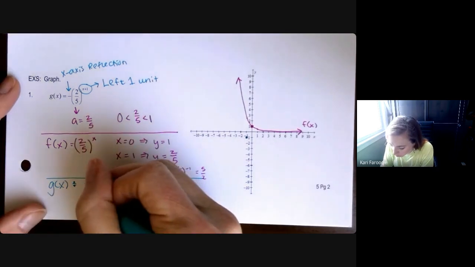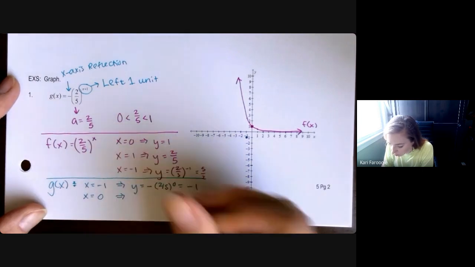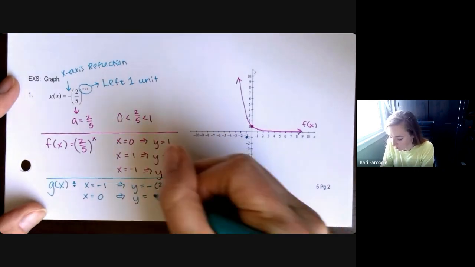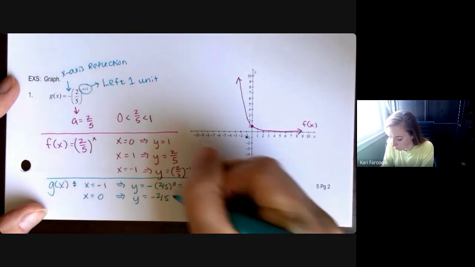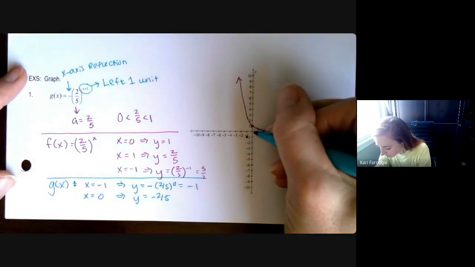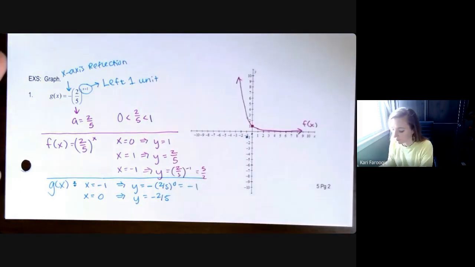And then maybe choose another value of x, something like x equals 0 would be a good one, because 0 plus 1 is 1. So that just means that I have negative 2/5. So if x is 0, y is negative 2/5, which is negative 0.4, which is about here.